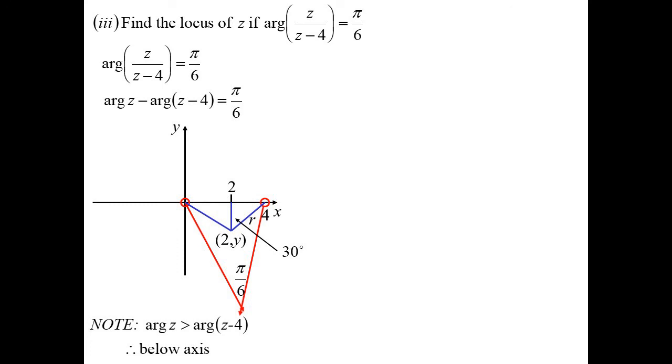Another bit of circle geometry. Angle at the centre is twice the angle at the circumference. We know the angle at the circumference is pi on 6. Therefore, the angle at the centre is pi on 3. But I just want this right angle triangle here. And that will be symmetrical. So actually, there's the radius. I can find that.